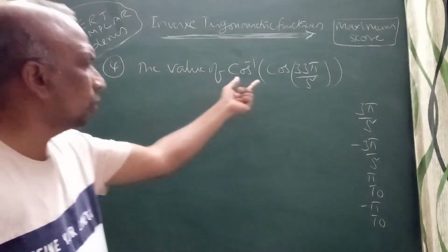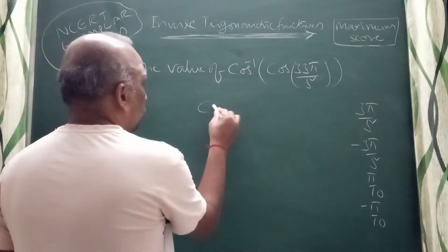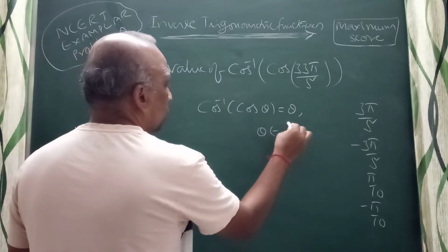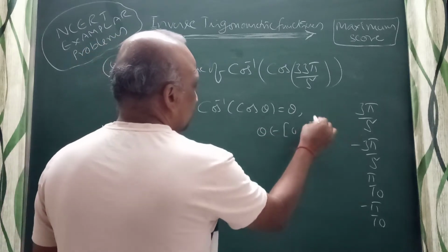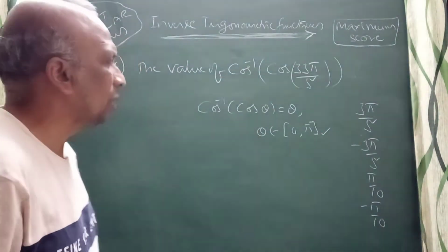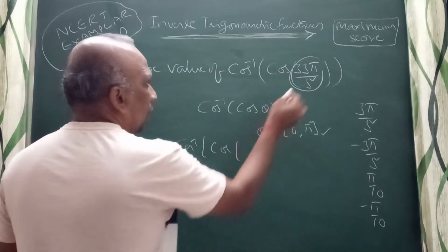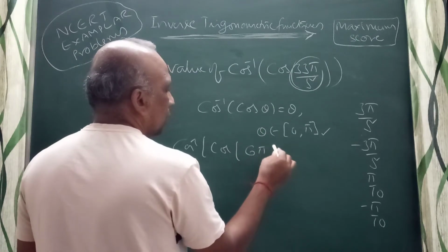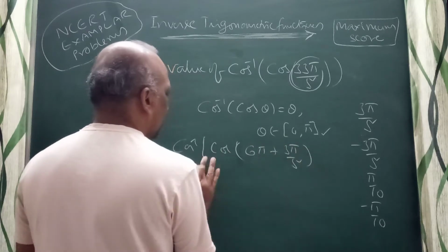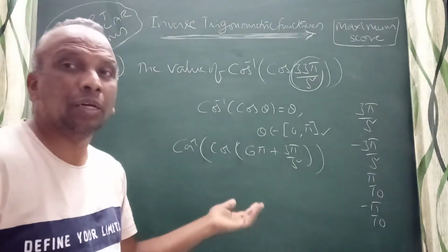Now before solving this problem, we should know the value of cos inverse of cos theta. Cos inverse of cos theta is equal to theta, when theta belongs to 0 comma pi. Correct? Now you can see here, this angle 33 pi by 5, I can write as cos inverse of cos of 6 pi plus 3 pi by 5. Now 6 pi means almost 3 rotations, right?